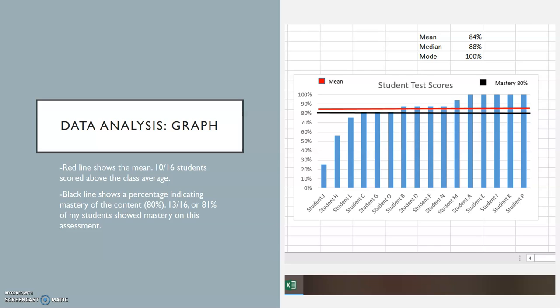The red line shows the average, which was 84%, and you can see that 10 out of 16 students scored above the class average. And the black line shows mastery, or 80% correct on the test. So 13 out of 16, or 81% of my students showed mastery on this assessment.